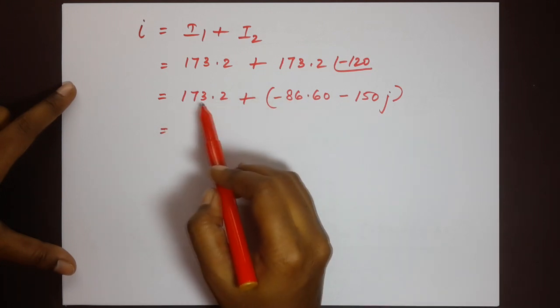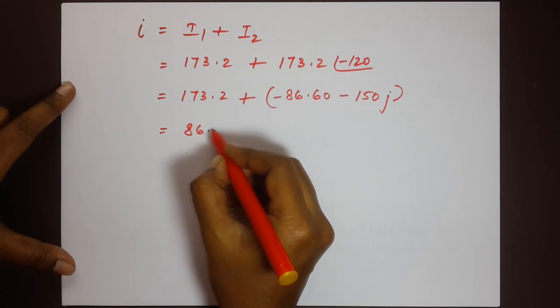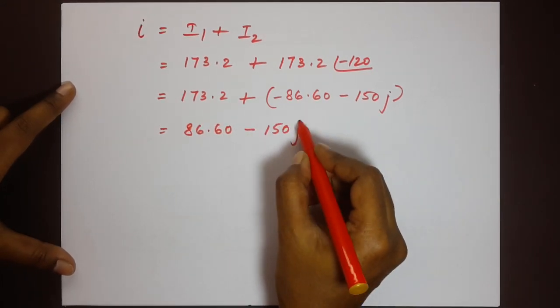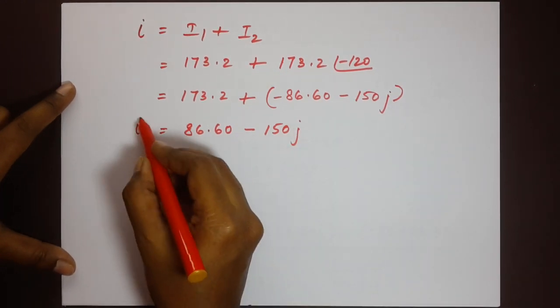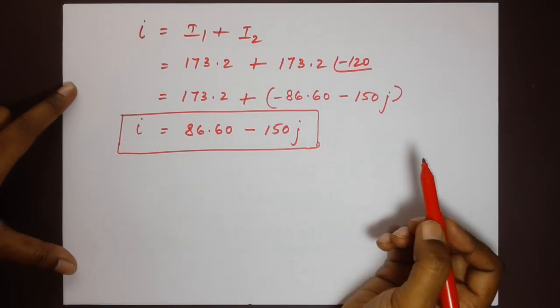Now let's solve. 173.2 minus 86.60 gives us 86.60 minus 150 J. So this is the rectangular form for the current I.